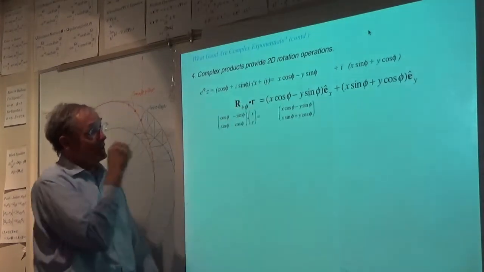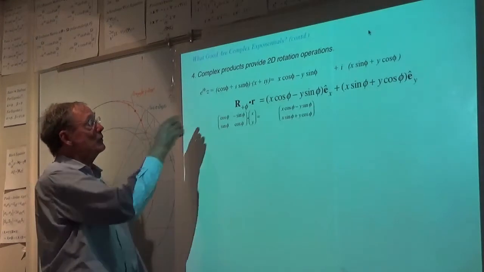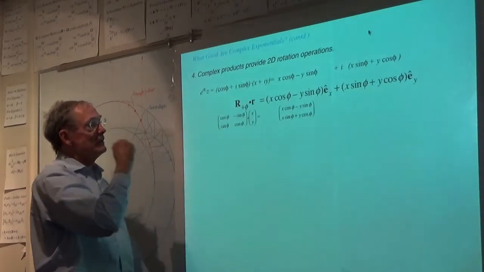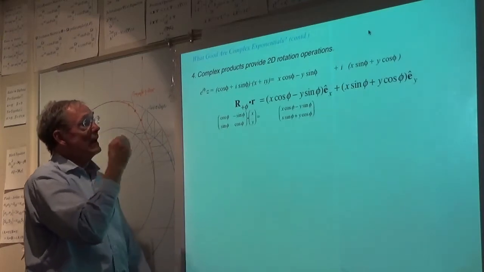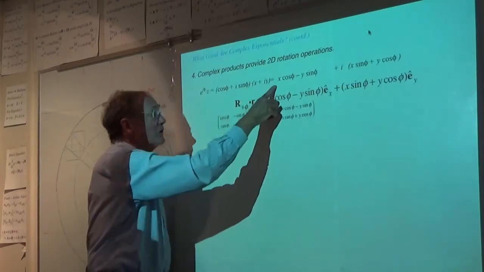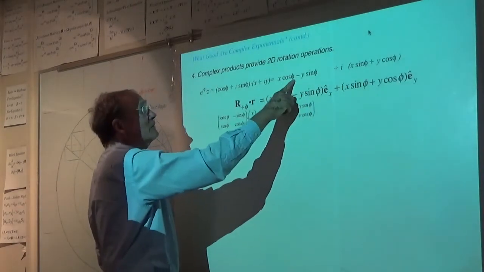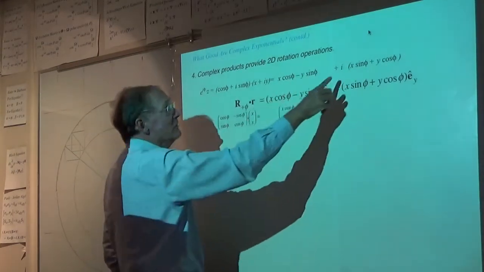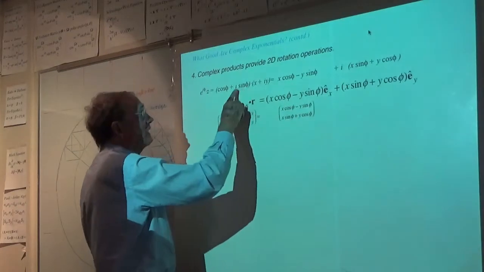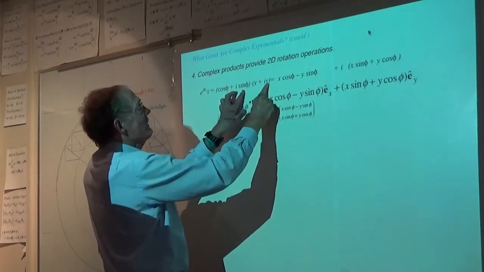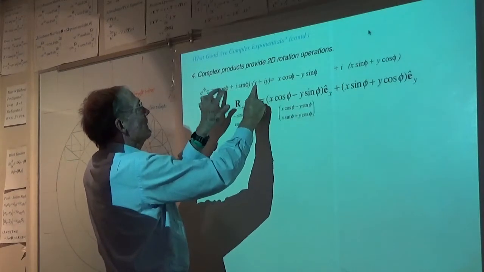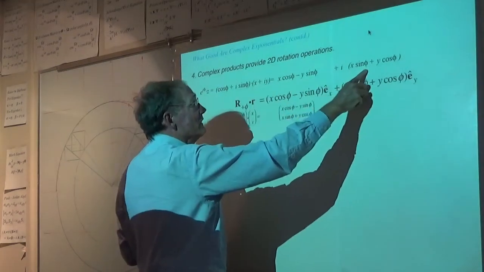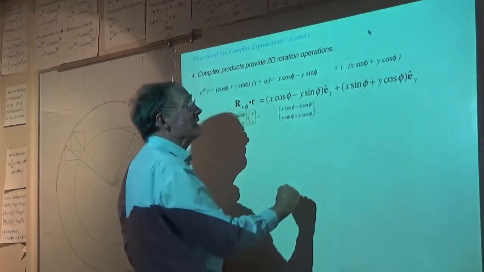We're going to do it again several times before we're through here. e to the i phi is our Euler identity right here. And what we get, of course, is a real part, x cosine phi minus y sine phi. And then we get an imaginary part, which consists of this times this, plus this times that. So we get x sine phi plus y cosine phi, right?